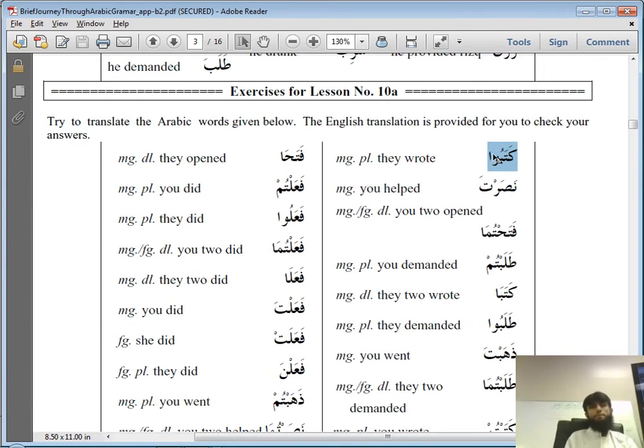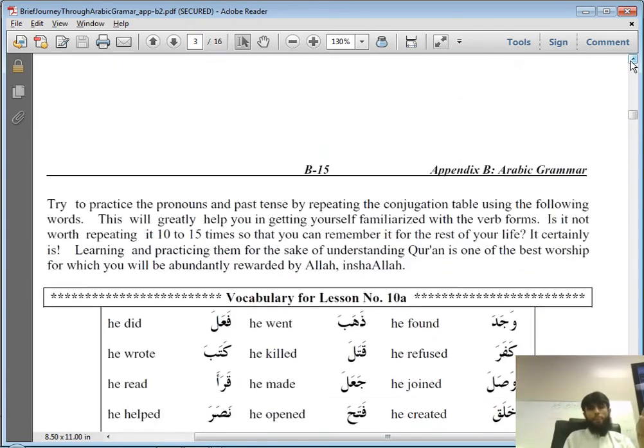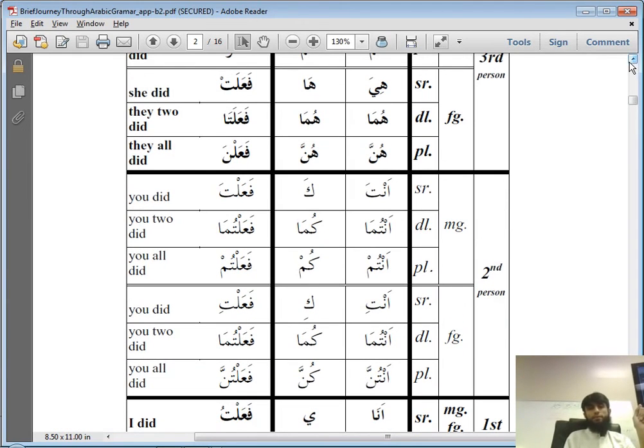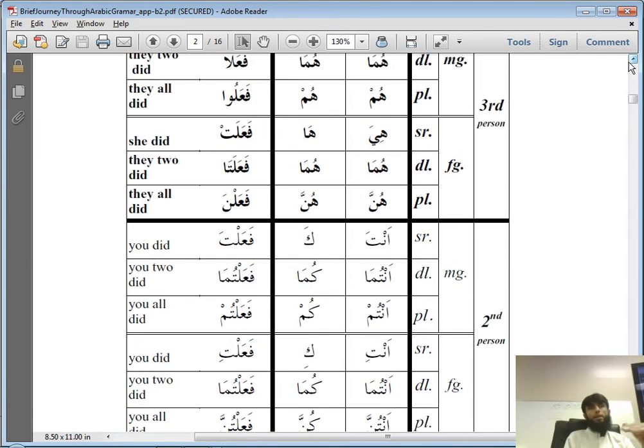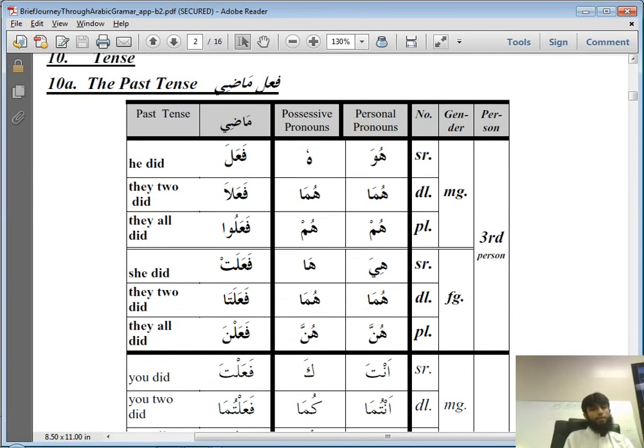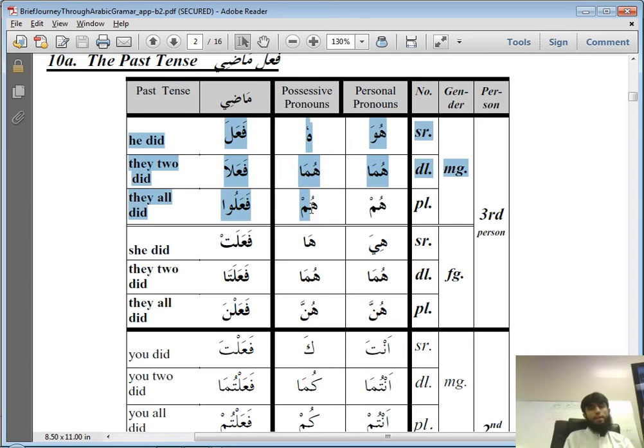So if you want to say you all wrote, what would we say? Let's look at the chart. First figure out which one you want to look at. Let's do it step by step. We're trying to find the corresponding one in this chart. Katabtum. So we want what? Second person. So of course we won't look at this one, this is all third person, so let's forget this.